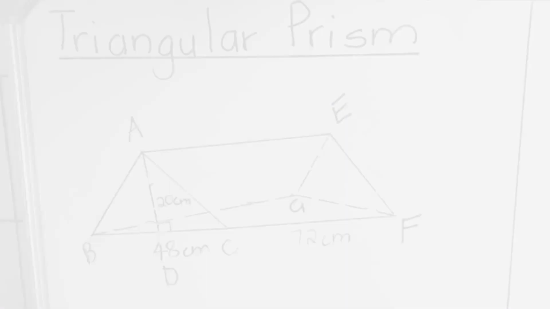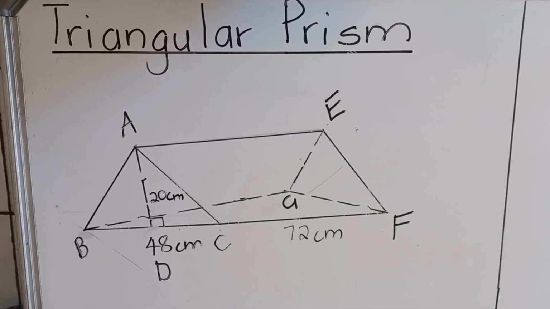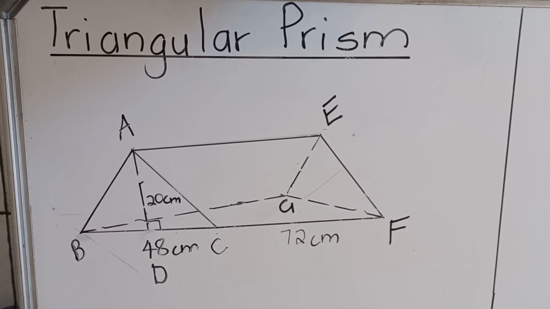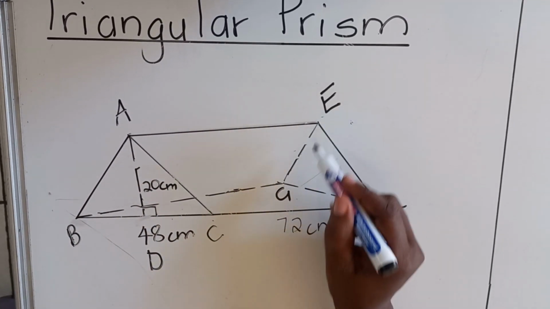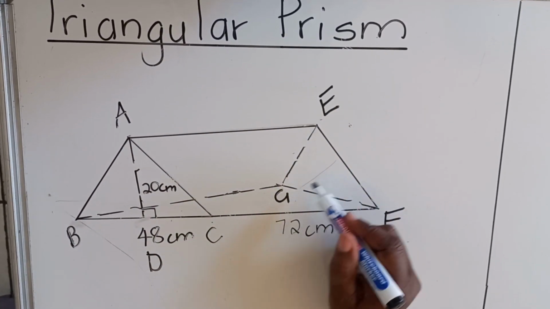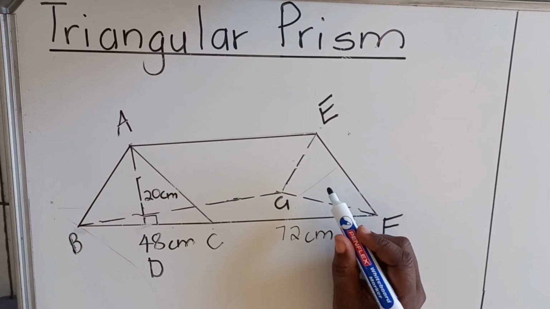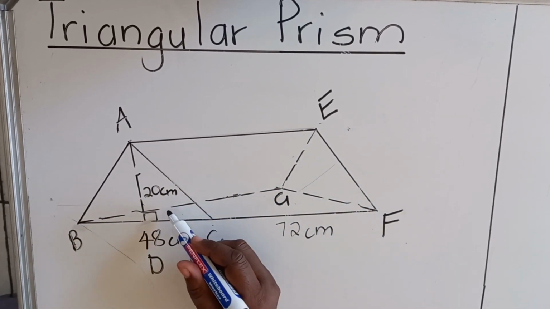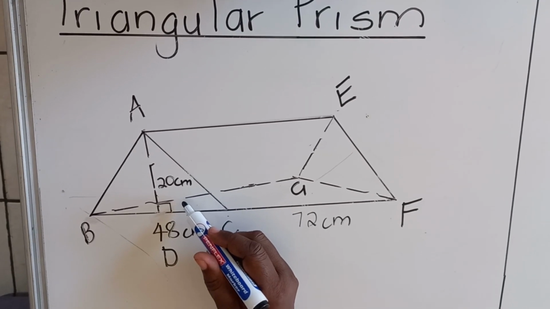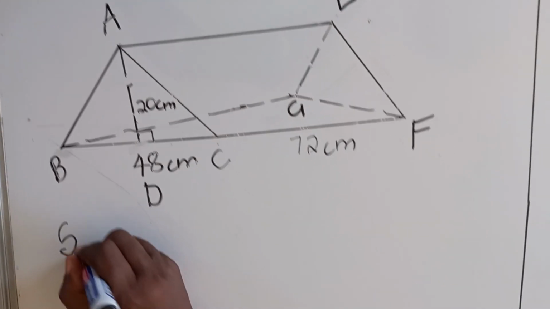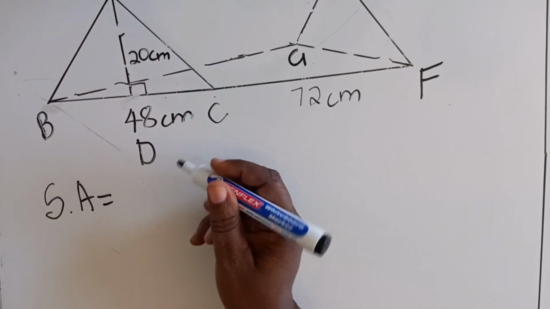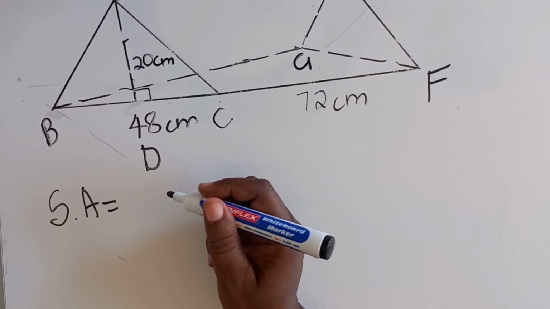So I'm going to use formulas to show you that. When you look at the shape that I have here, you have a triangle here, ABC, and another triangle here, EGF. These two triangles are equal. So you need to calculate the area of the triangle and then add the area of the three rectangles. So the total surface area is equal to, and you need to know the formulas of the area.